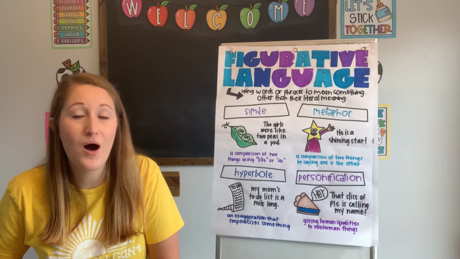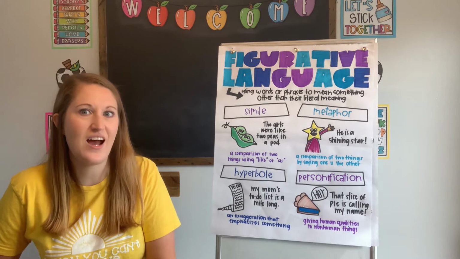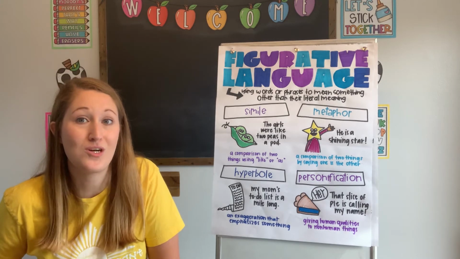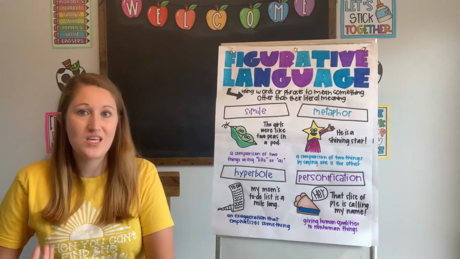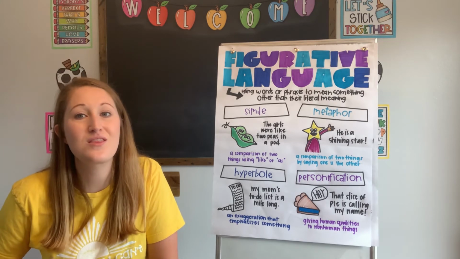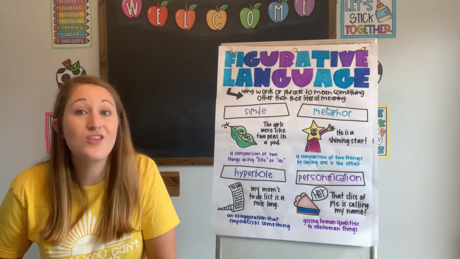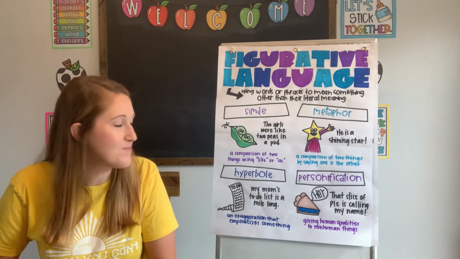But when it comes to poetry, we have a little bit more freedom to make some exaggerated choices and play with our words a little bit. So that's why we see a lot of figurative language, because authors want to get a little fancy and a little bit more free when we write poetry.